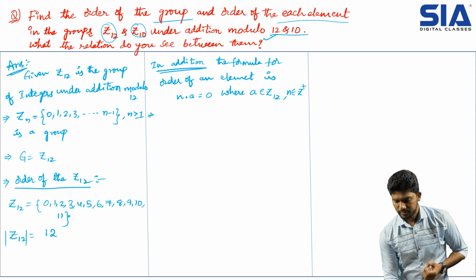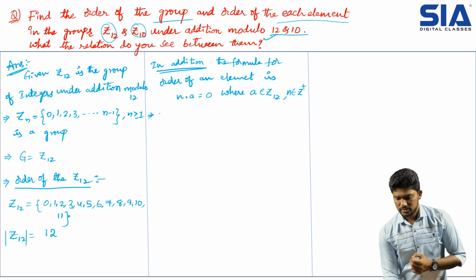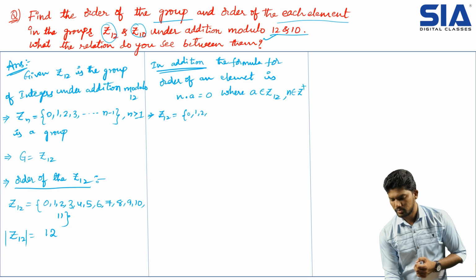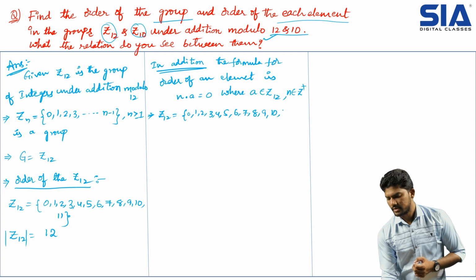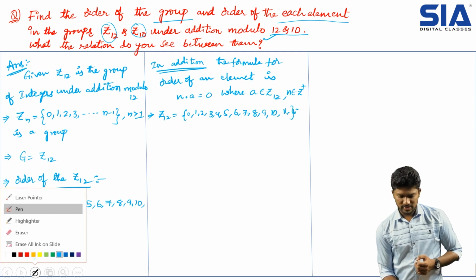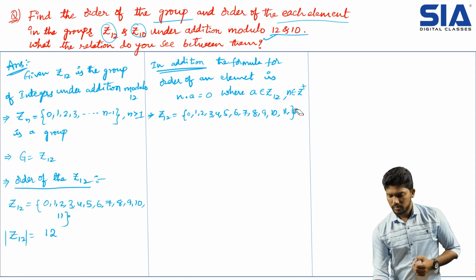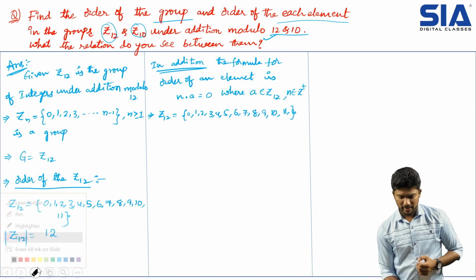So now I am taking Z12 equals 0, 1, 2, 3, 4, 5, 6, 7, 8, 9, 10, 11. This is the group Z12. Now we have to find the order of each and every element.